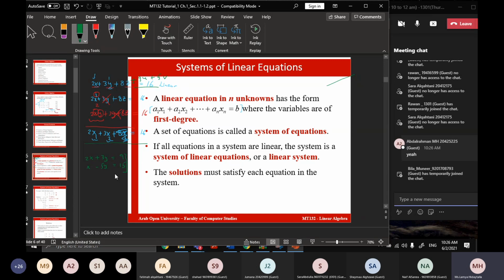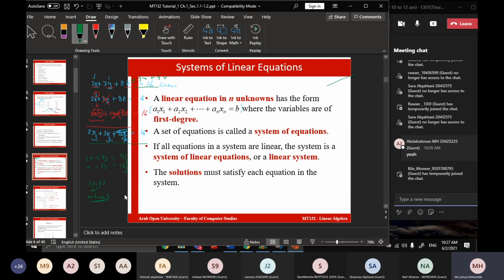So our aim in the first chapter is to find a solution for these equations. What do we mean by a solution? A solution, actually, we need the values of the variables that will satisfy both equations. We want values for x and y. We want to solve.